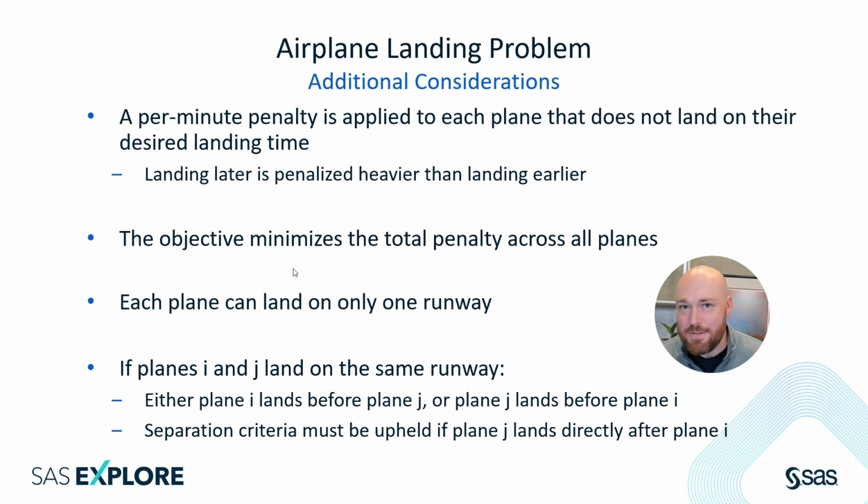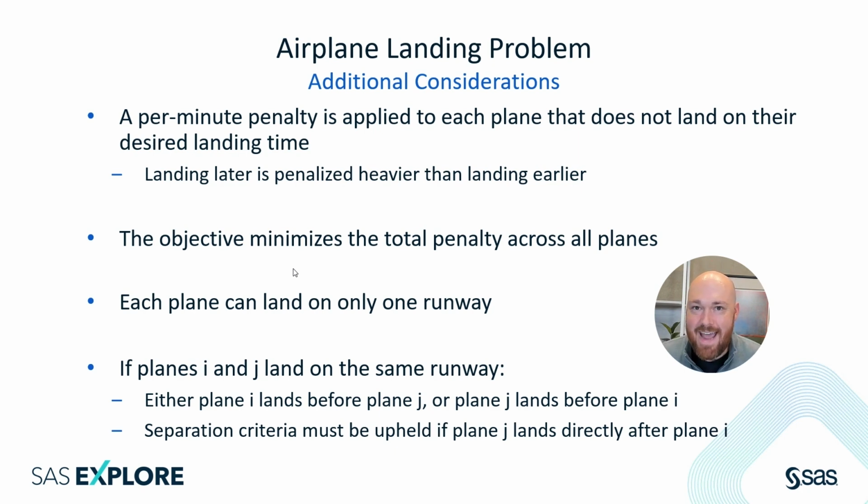So when we think about constructing this optimization model, there are a few additional considerations that we need to think about. The first is, well, what if each plane doesn't land exactly on their target landing time, right? What we just saw was a perfect case scenario where every plane did land exactly on their desired landing time.